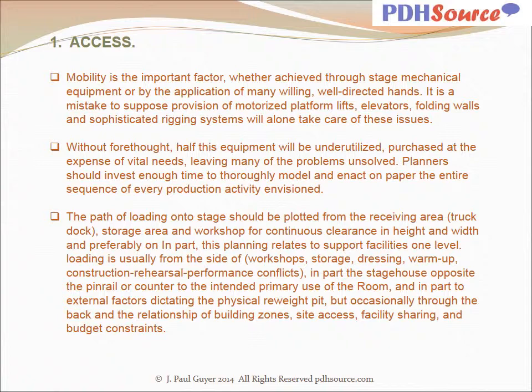In part, this planning relates to support facilities: workshop, storage, dressing, warm-up, construction, rehearsal, performance conflicts. Loading is usually from the side of the stage house, opposite the pin rail or counter to the intended primary use of the room, and in part to external factors dictating the physical relationship of building zones, site access, facility sharing, and budget constraints.